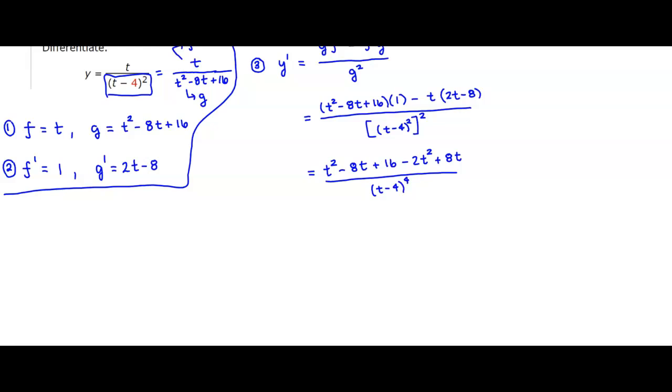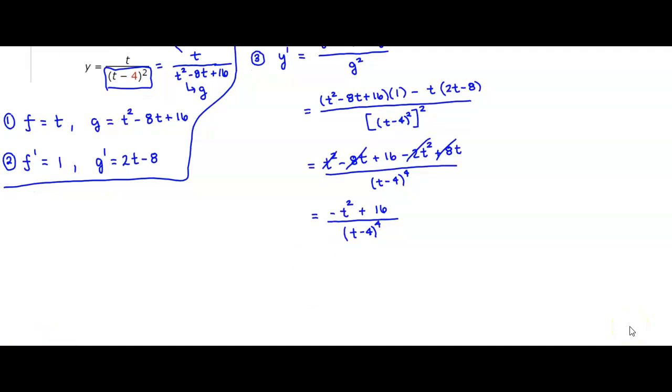Now let's go ahead and combine like terms. So if we combine like terms, we end up with negative t squared plus 16 over t minus 4 to the 4th power.